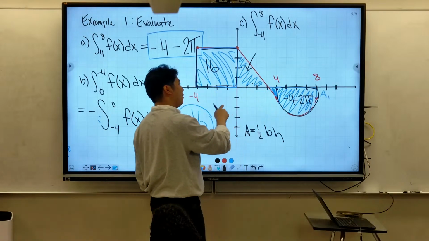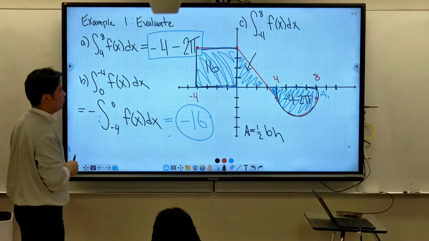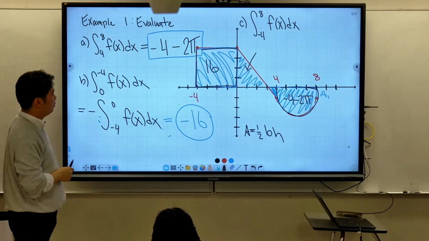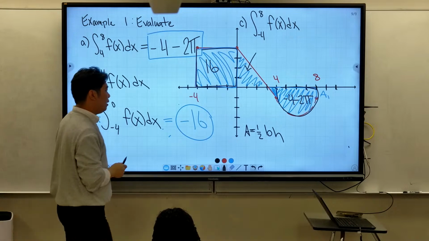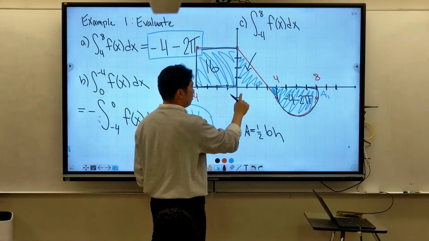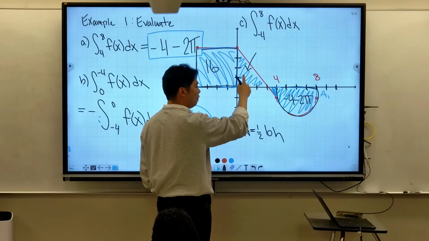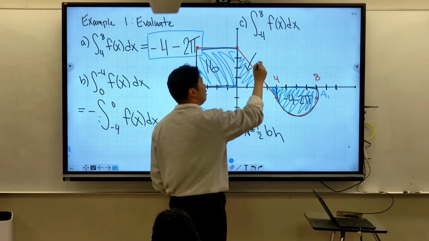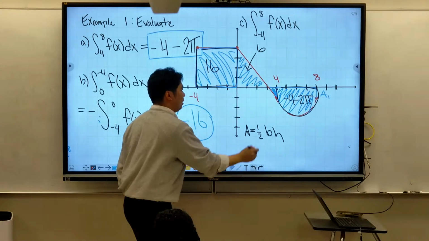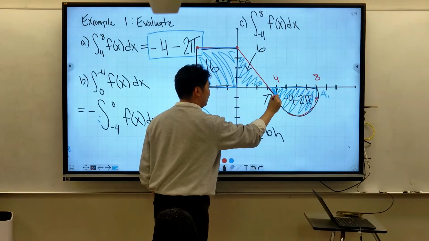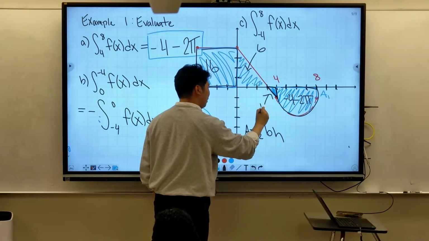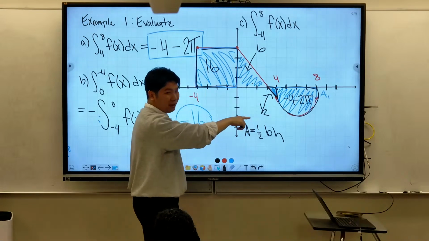What's the area for this triangle? 6? Yes, so this is 3 times 4, we get 12. 12 times 1/2, we get 6. What about the smaller triangle right here? We get 1/2 because it's 1 times 1 times 1/2.